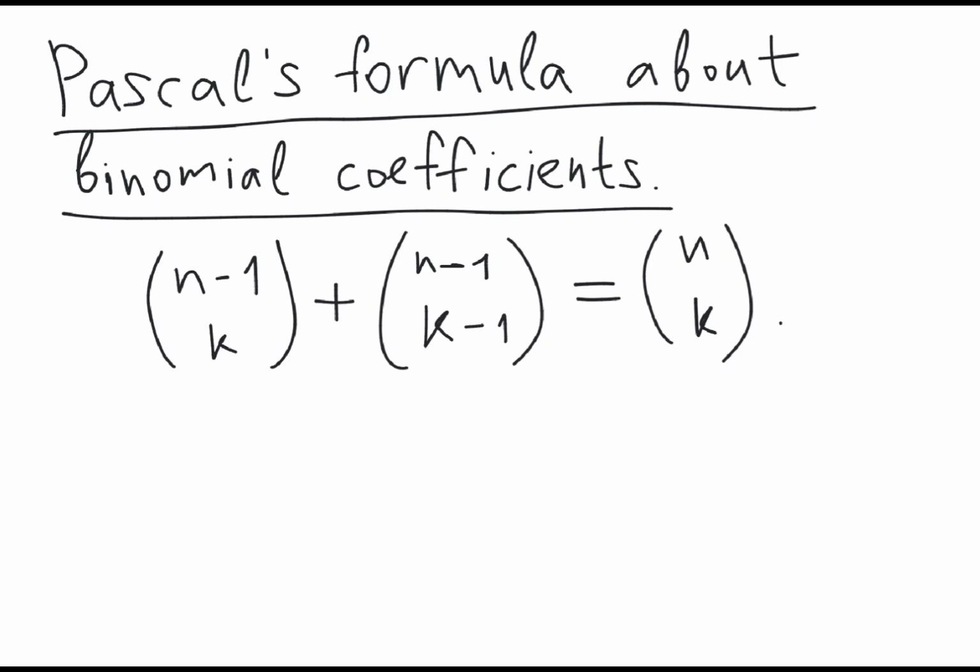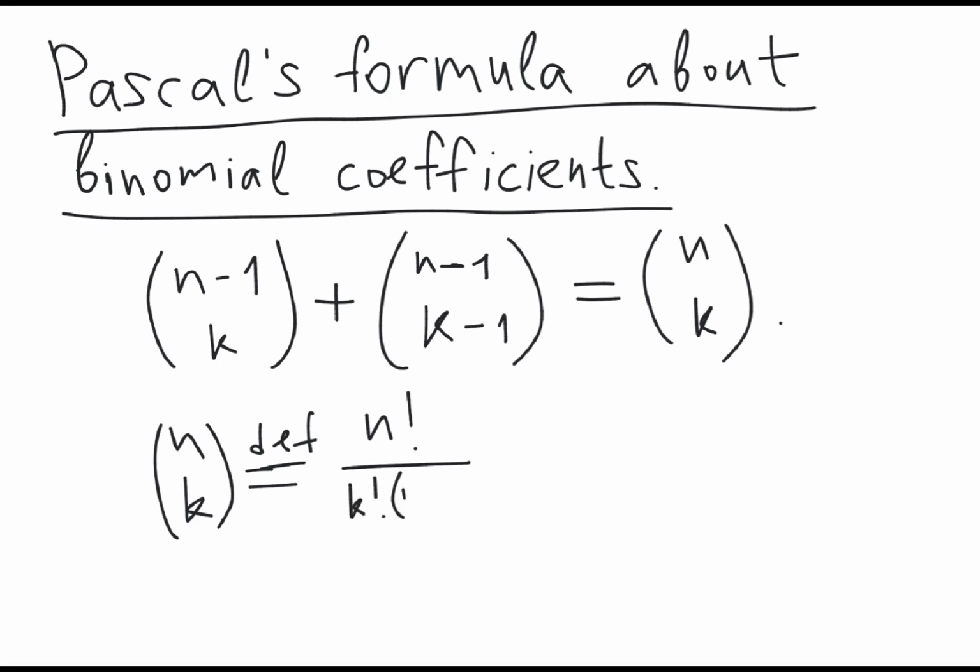remind you of the definition of this binomial coefficient: C(n, k) is equal by definition to n factorial over k factorial times (n minus k) factorial.